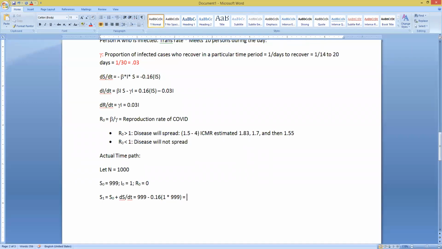It will be 0.16 into 1 into 999. So it is 159.84. So let us say it's 160.